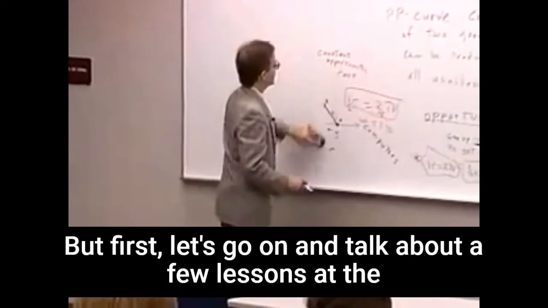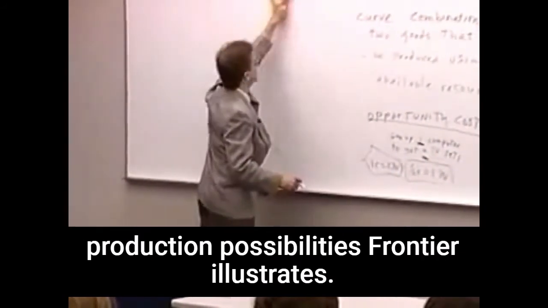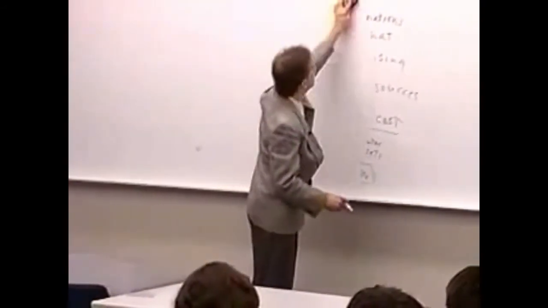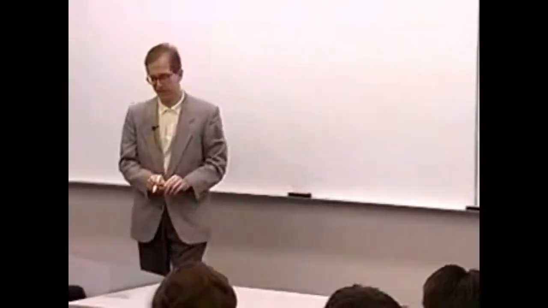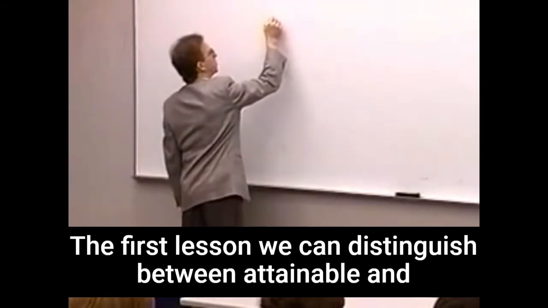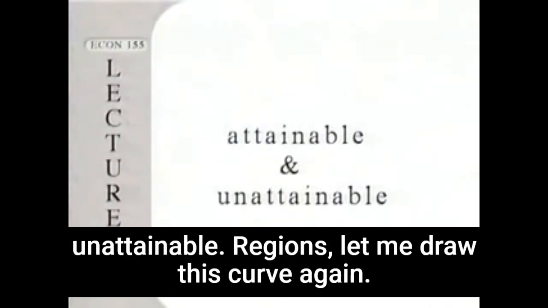But first, let's go on and talk about a few lessons that the Production Possibilities Frontier illustrates. The first lesson, we can distinguish between attainable and unattainable regions.